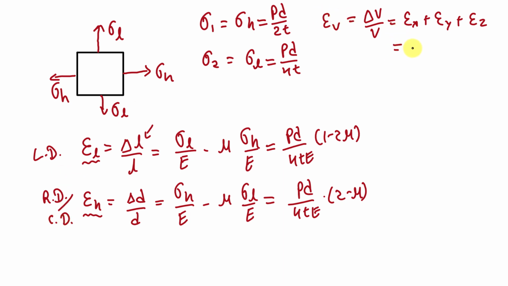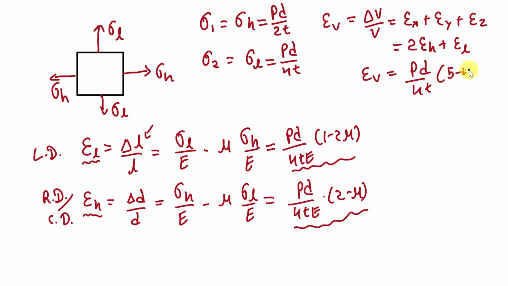So we can write that it is equal to 2 epsilon H plus epsilon L. If you put these values, you will get epsilon V equal to PD by 4TE into (5 minus 4 mu). That is the value of volumetric strain in the pressure vessel. So you can remember these three equations of epsilon L, epsilon H and epsilon V, and if you don't want to remember them, you can derive them as derived here.